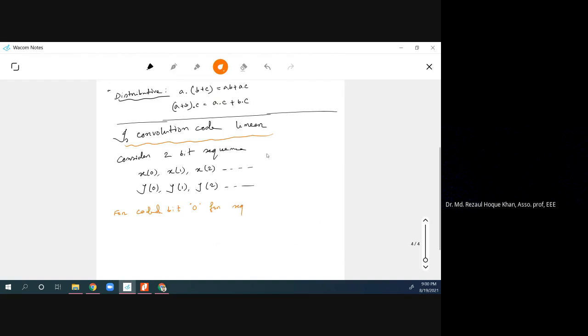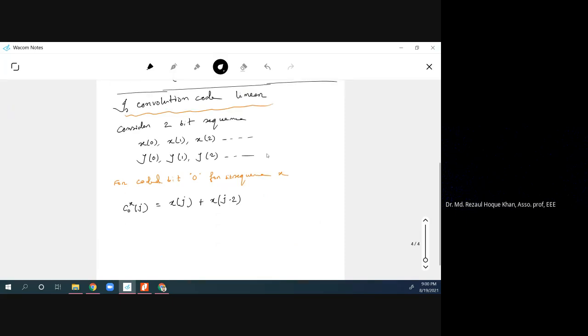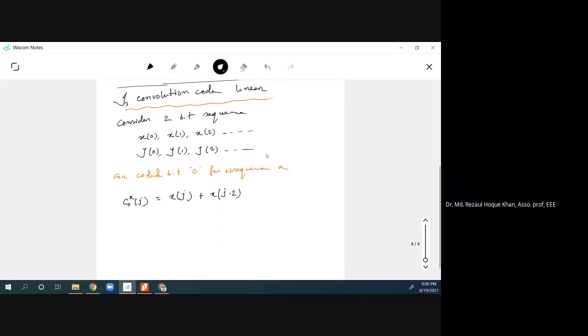For the information sequence, which is actually a bit sequence x, c0 at time instant j is nothing but xj plus xj minus 2. So we will try to find coded bit 0 for bit sequence x.